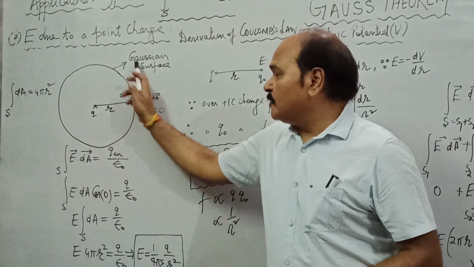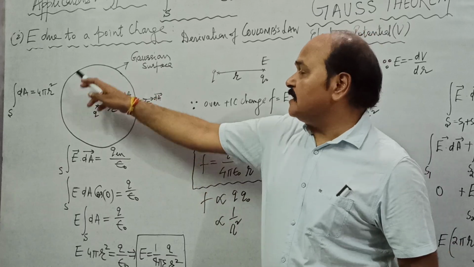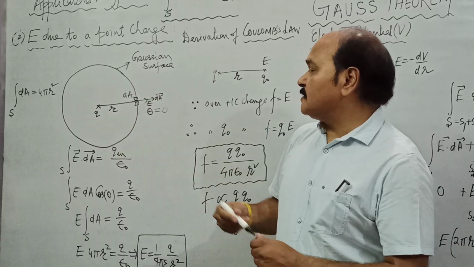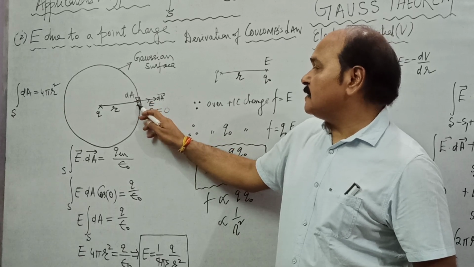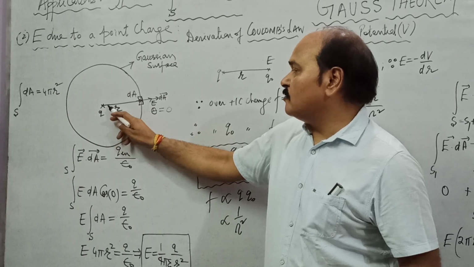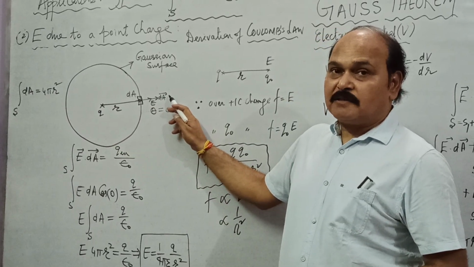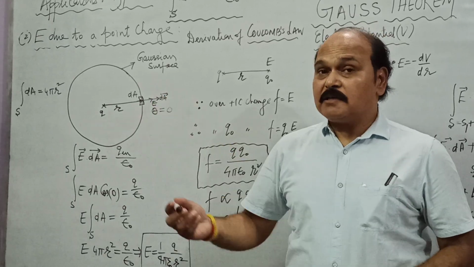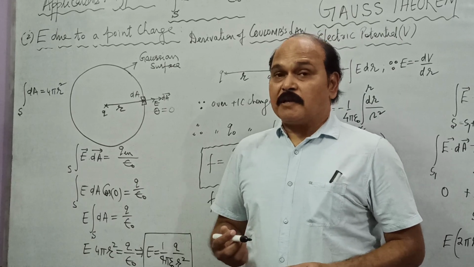We divide this surface into very small elemental areas of dA each. This is one arbitrary dA. Electric field intensity at this particular area, because of this point charge Q, would always be away from the point charge. We know that. And the direction of this area dA is always radially outward.